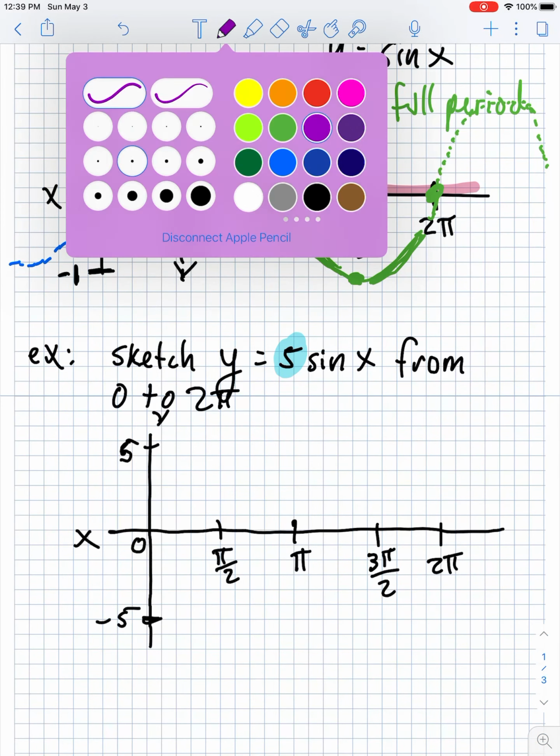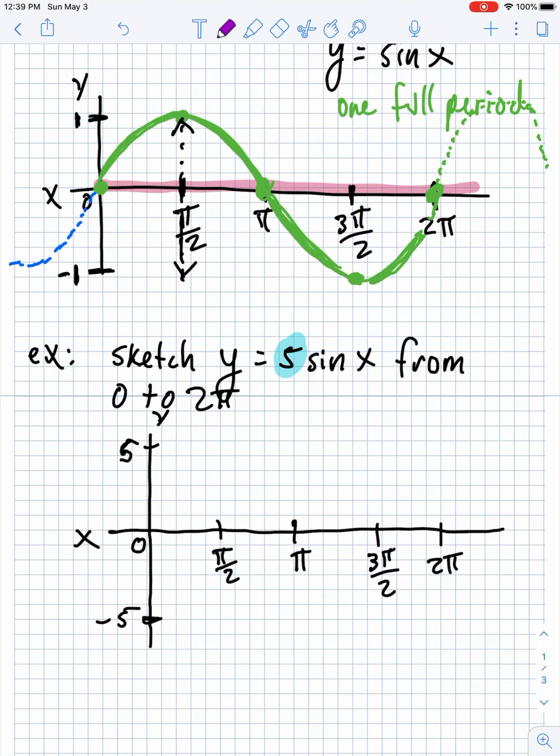So let's change colors. We'll go purple. It still starts at 0, 0, but then it goes up the mountain, up to +5, then back down the mountain, back down to sea level. Then it goes into the valley, and then back up to 2 pi.